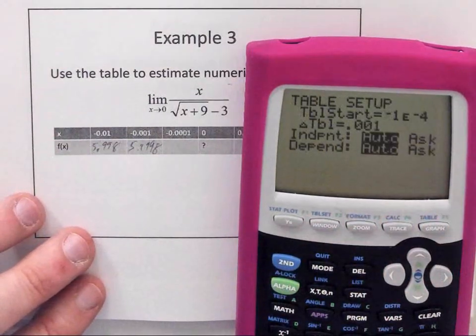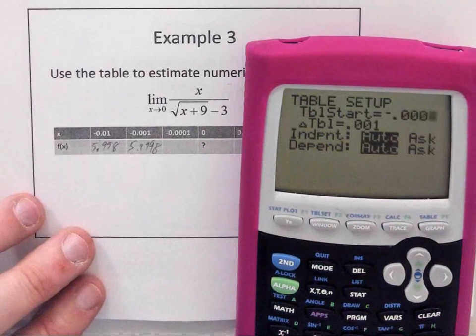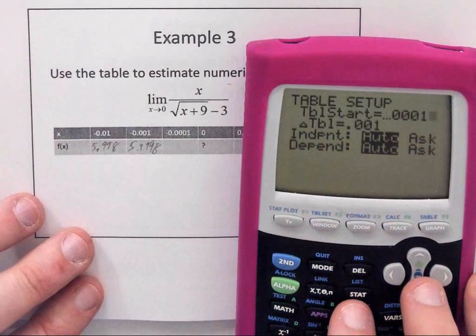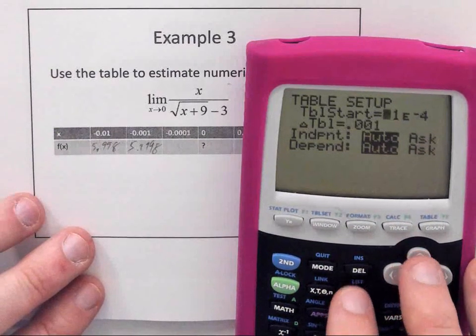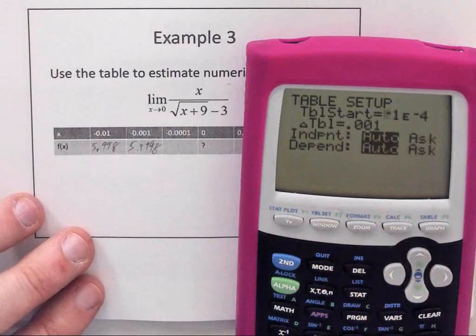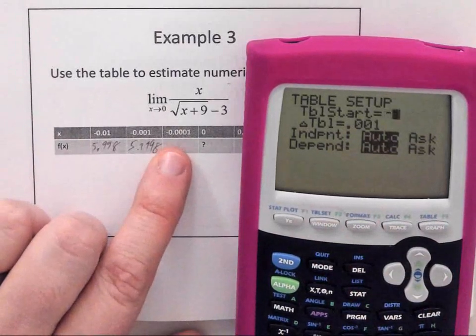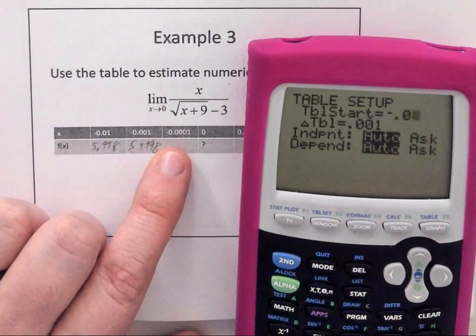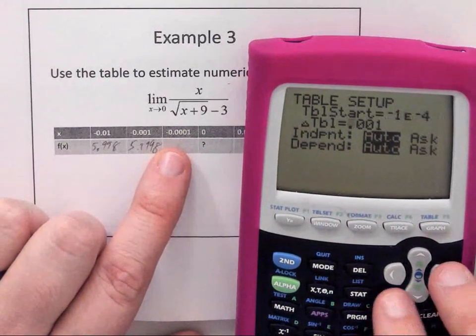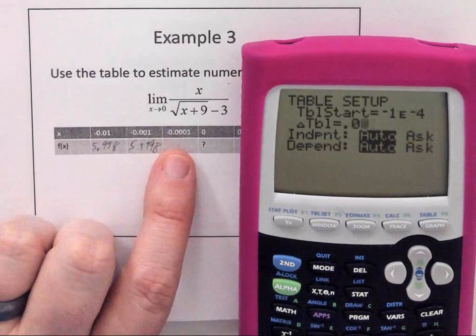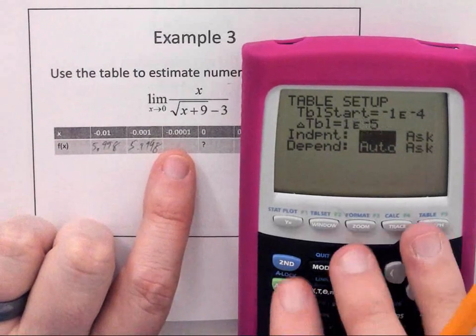Is there a way to just type it in this table and take you there? No, not that I know of. So second table set, and then I'm just typing in this number. Negative 0.0001. I'm going to go up by something even smaller.